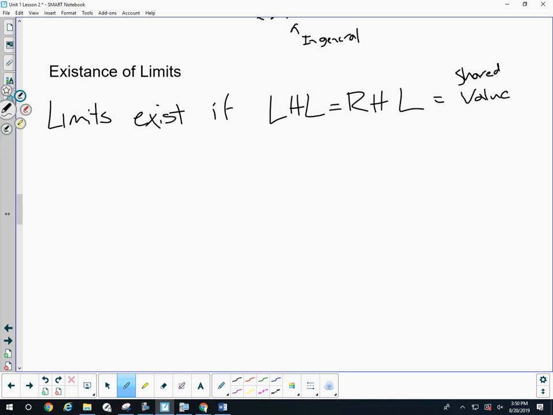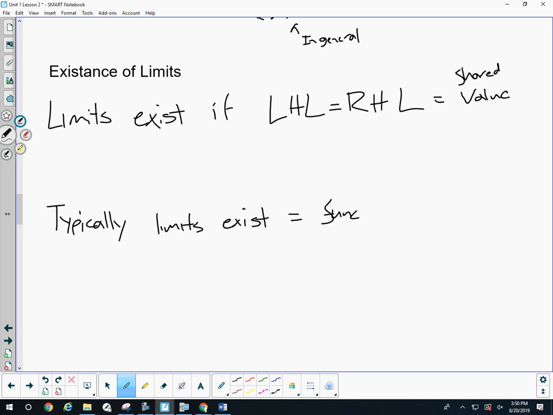Typically, and we talked about this before, typically limits exist and they equal our function value at the location that we're worried about. Typically, limits exist and equal the function value.